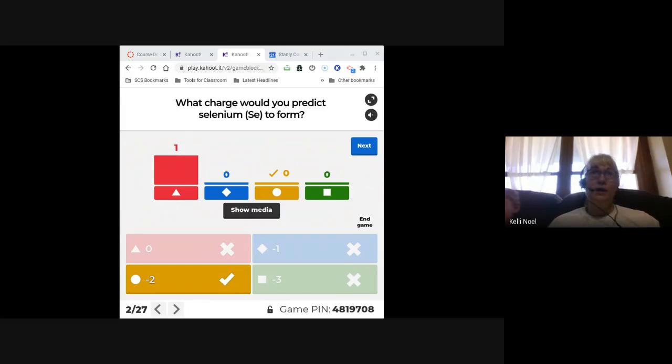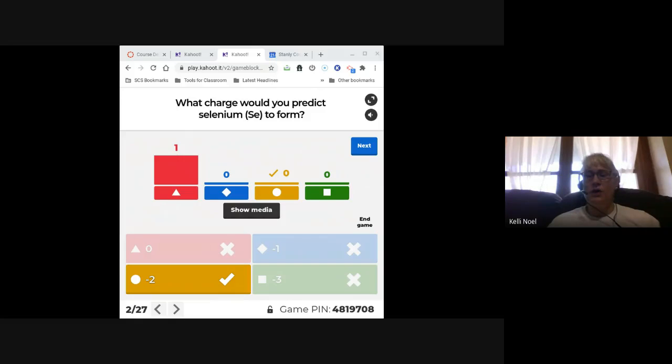It should be in column 16 or 6A, and so it would have a -2 charge. And I believe its symbol is Se.